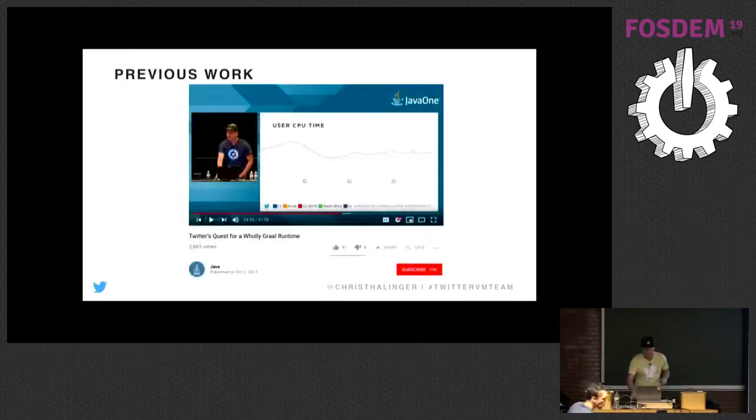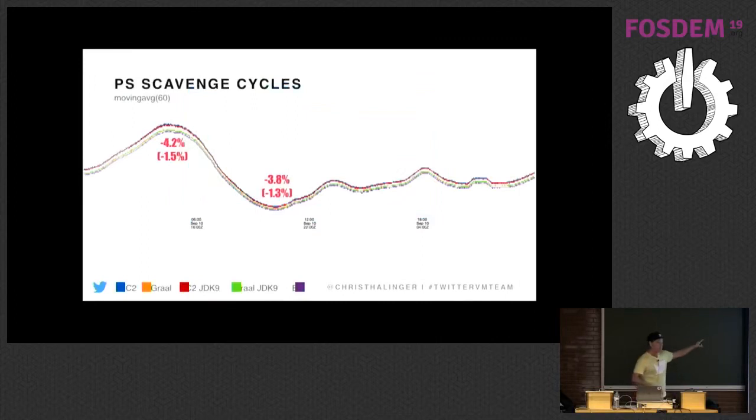All right, so I did some previous work. I have another talk where I explain how cool Graal is and how much CPU we're saving. These are two slides from my previous talk. Look at blue and orange, basically. By just using Graal instead of C2 to run our services, we can reduce parallel GC cycles by about 4.2%.